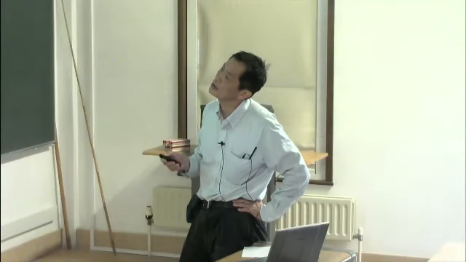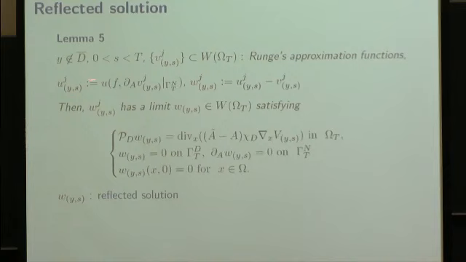Here we have this Runge approximation functions, and denote this U by uj sub ys, and then consider the difference of uj and vj, which I denote by this wjys, then we can show if y is not in d bar, then if we take the limit with respect to j, this wjys will converge in this function space to some w.